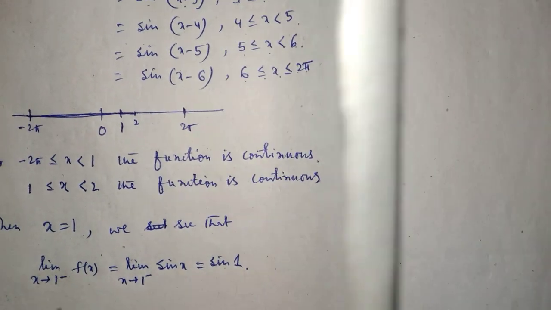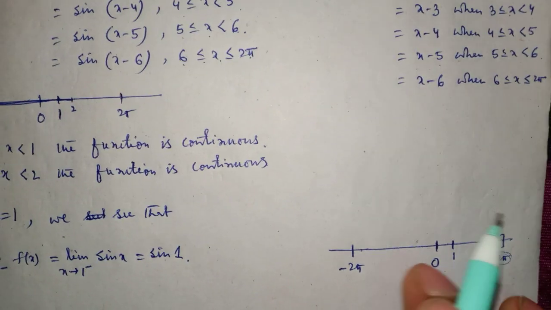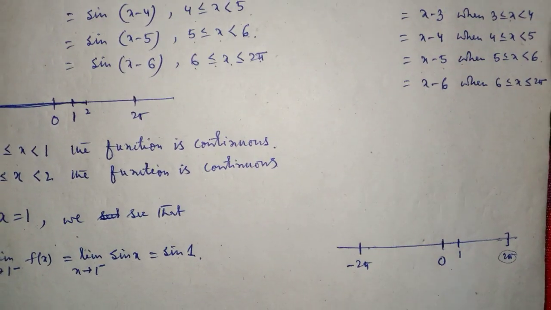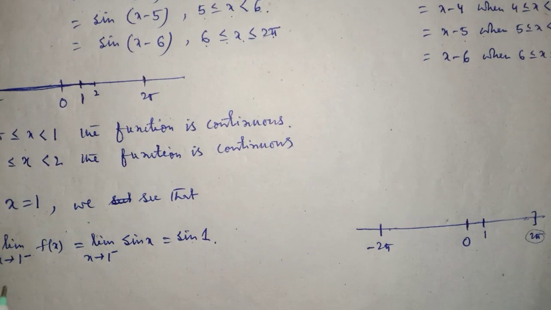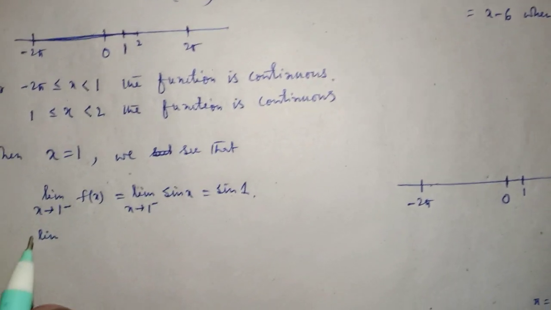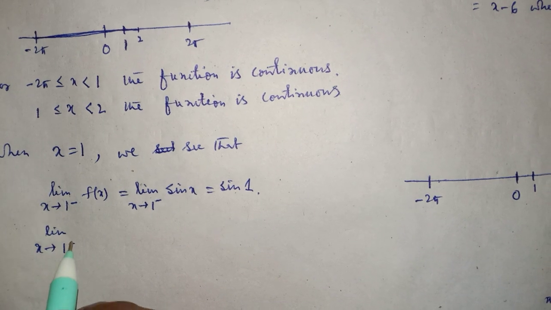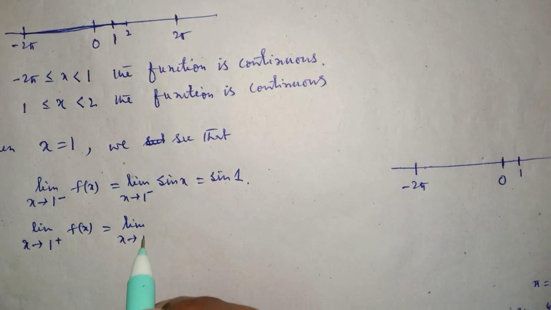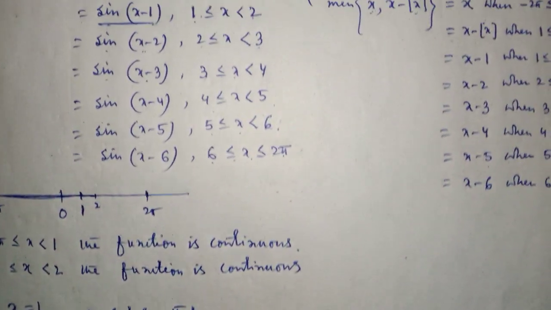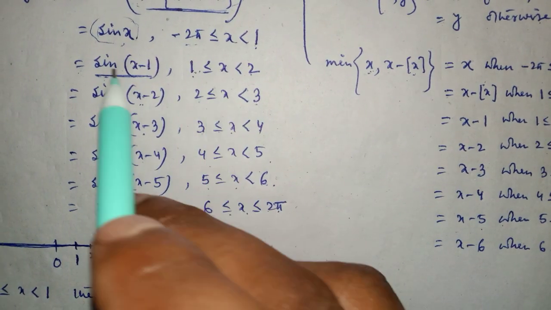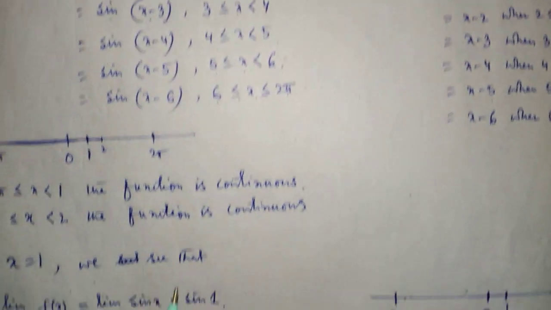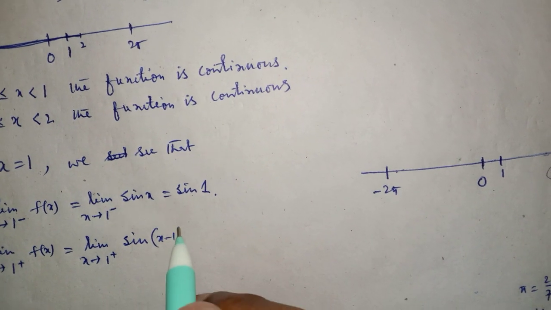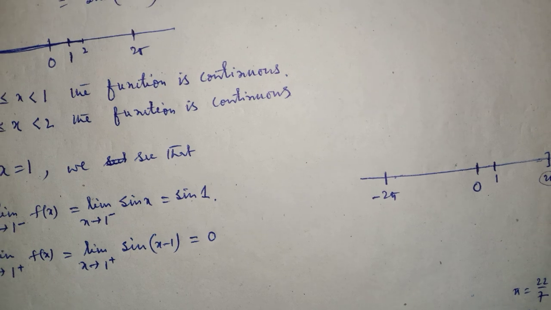But limit x tends to 1 plus f of x means sin x minus 1. So here sin x minus 1 is equal to 0.